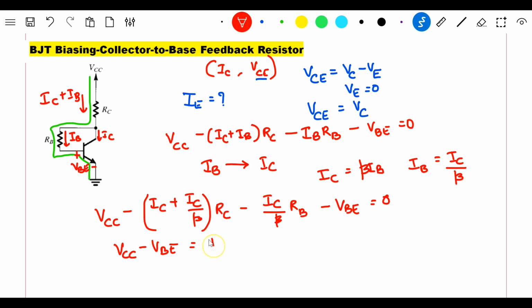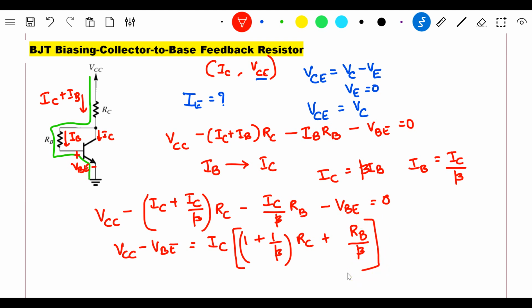and if I take IC common in these two terms, I'll be getting 1 plus 1 by beta into RC plus RB by beta.